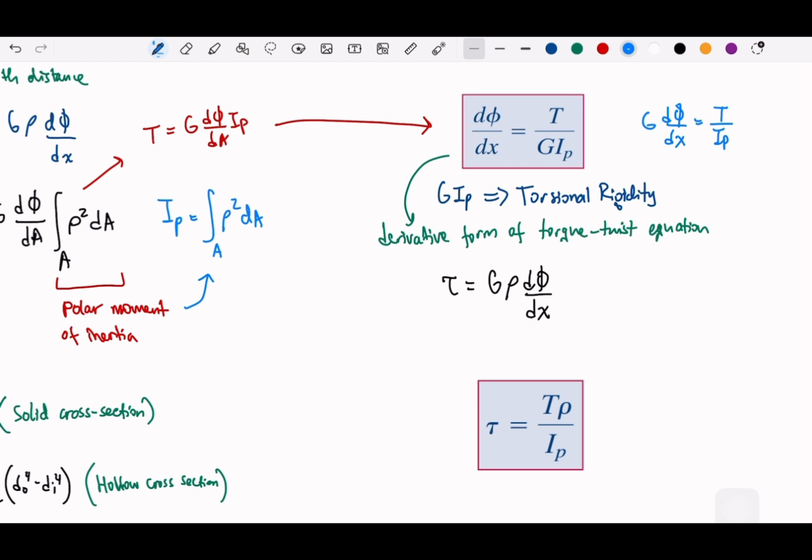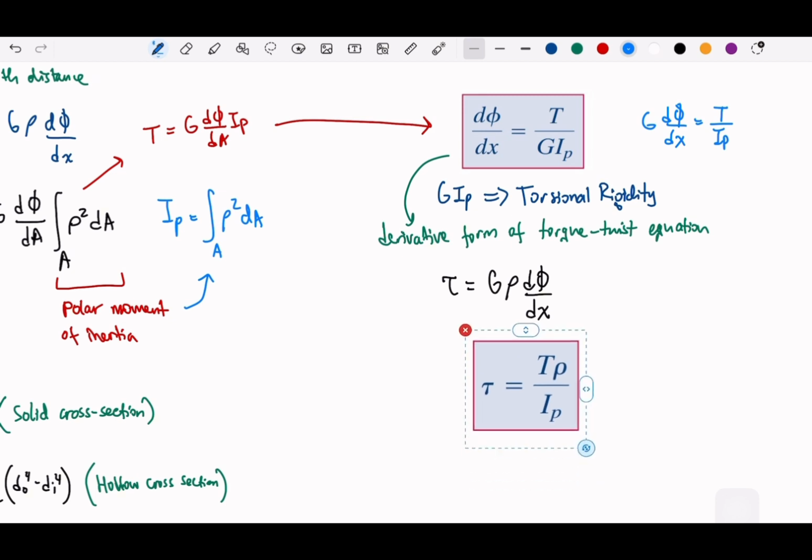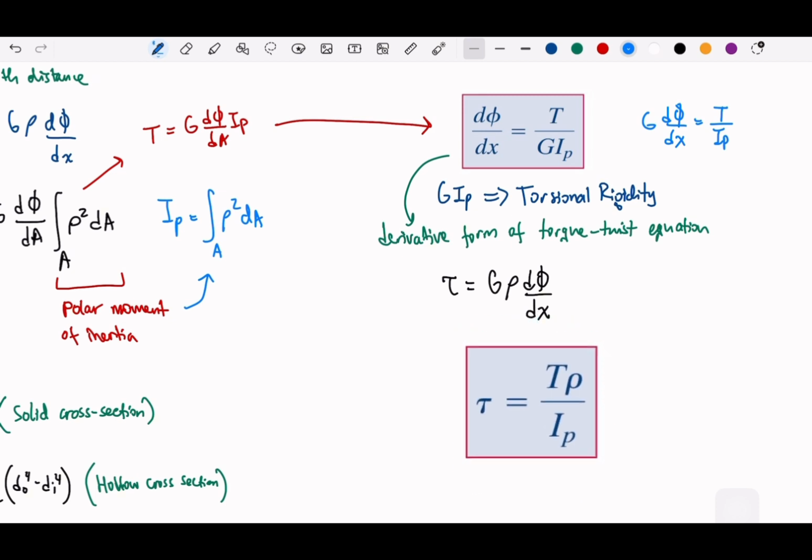So from this part, we have T rho over I_P for the tau, the shear stress. So this is what we call the torsion formula.